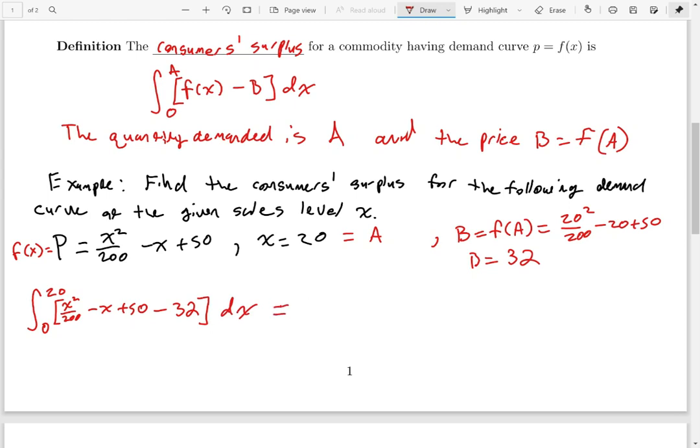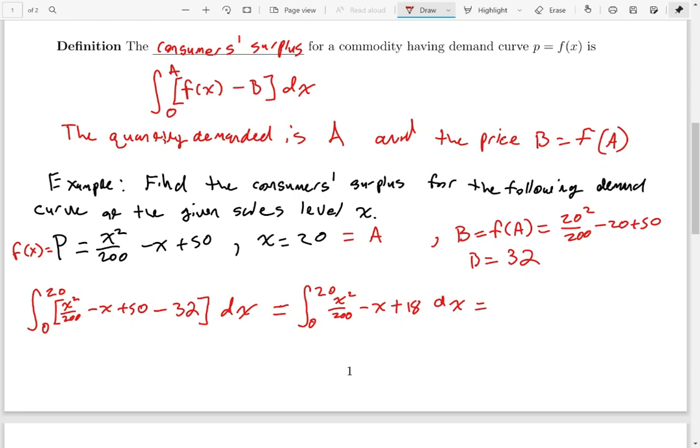So the antiderivative of x squared over 200. Actually, let's clean this up a little. This is then the integral from 0 to 20 of x squared over 200 minus x plus 18 dx.